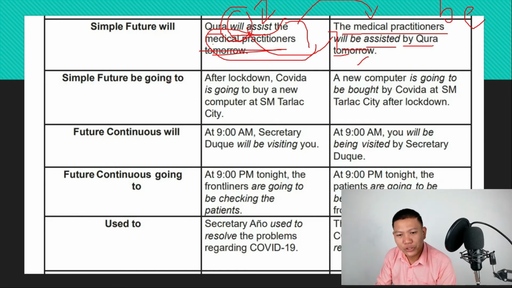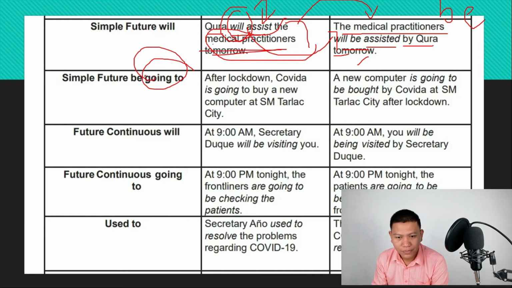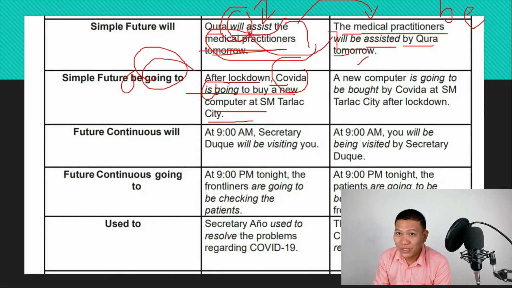Next, simple future, be going to. So we will use be verb means is, am, are. Is going to, are going to, and so on, depending upon the subject. After lockdown, Covida is going to buy a new computer at SM Tarlac City. So Covida is singular, so we use is. We did not use am because the subject is not I. Okay?